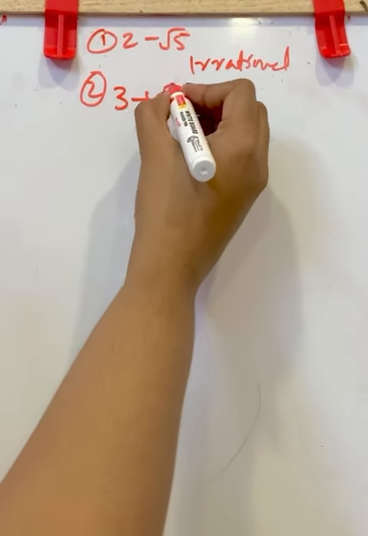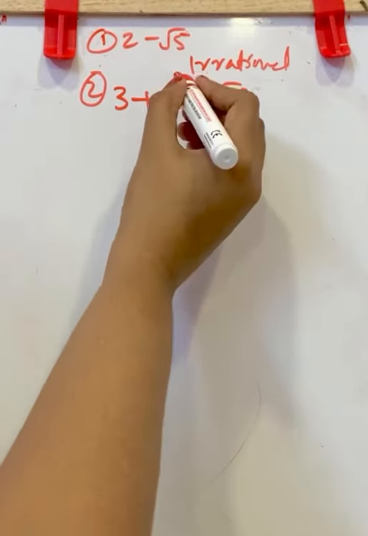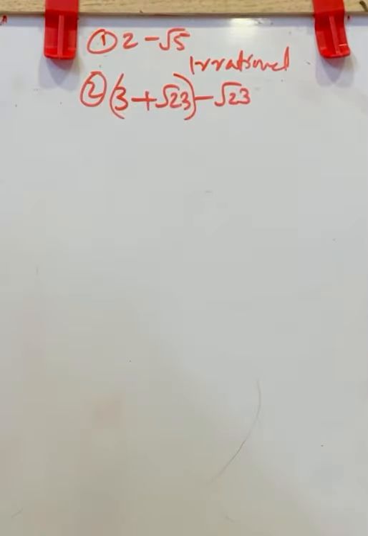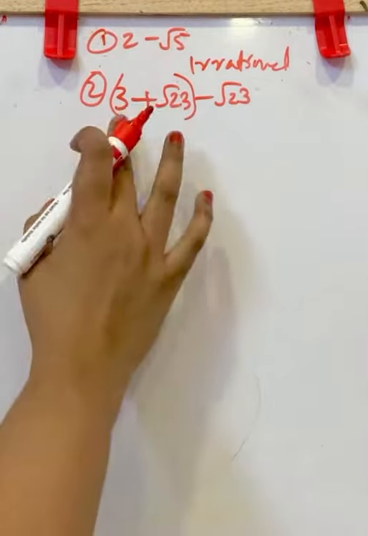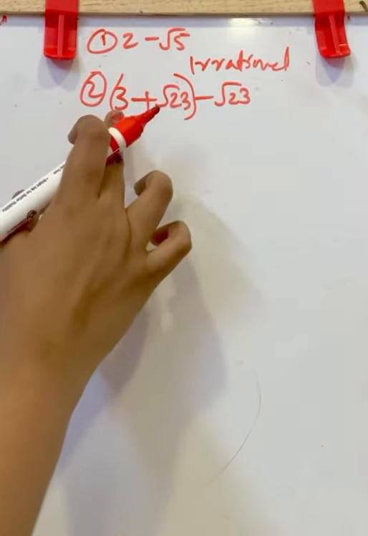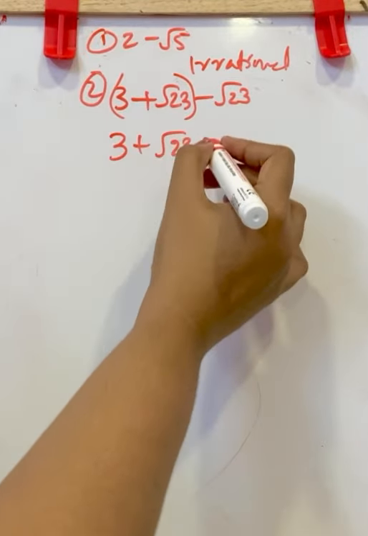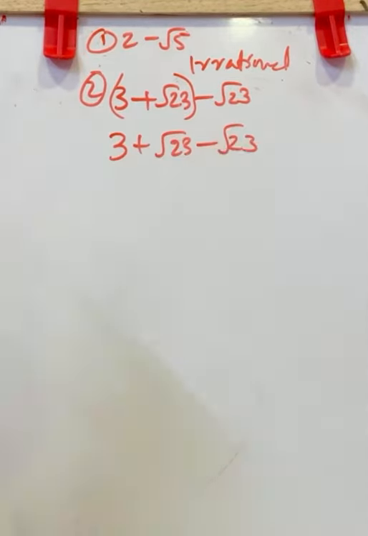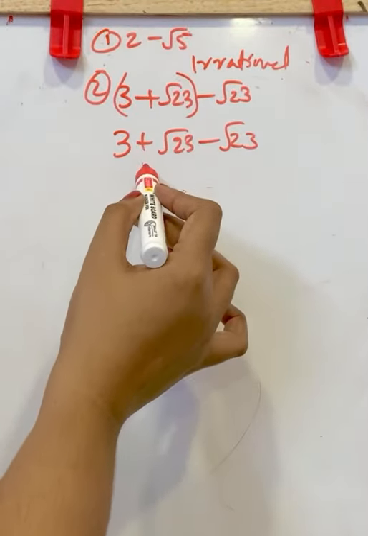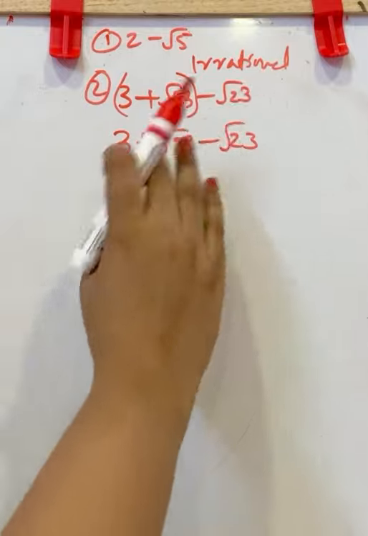Now, next one is 3 plus root 23 minus root 23. 3 plus root 23 is inside the bracket. Here you can't add these 3 and root 23 because one is irrational and one is rational. So you can write it like this itself. Now minus root 23. Here we have positive root 23 and negative root 23. That is same numbers, opposite signs.